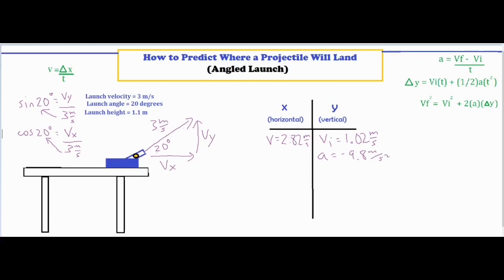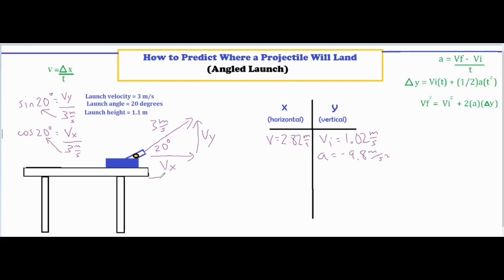Now normally, if you're doing an angle launch where it returns back to the same height at which you launched it, you could say your initial is 1.02 and then your final is negative 1.02 once it reaches the ground. But it's going to hit that negative 1.02 around here, but then it's going to fall an additional 1.1 meters. So in this case, we can't use a VF of negative 1.02.